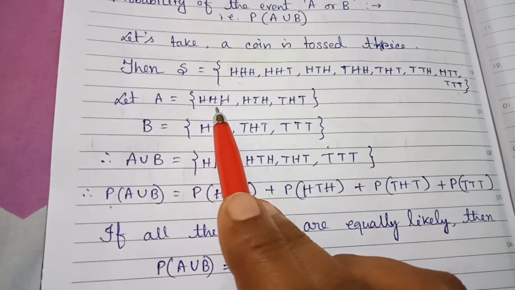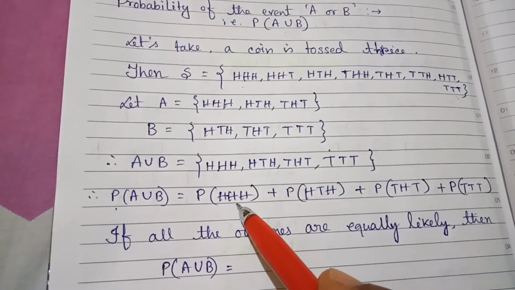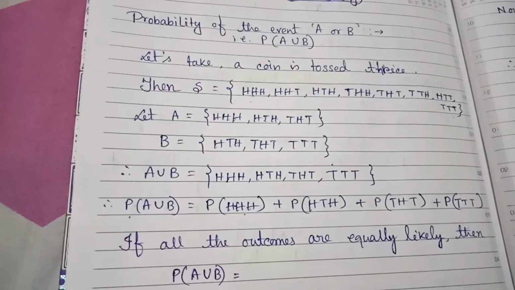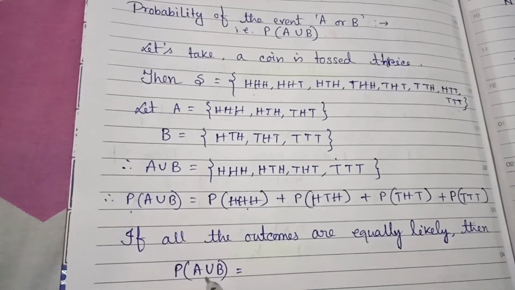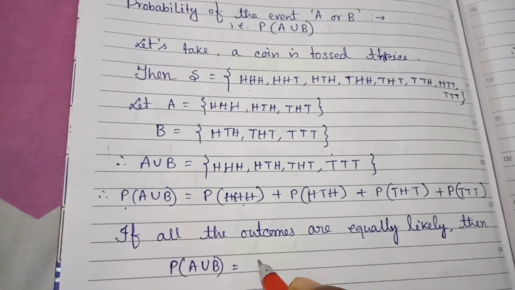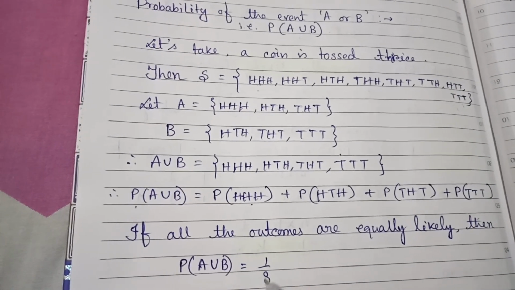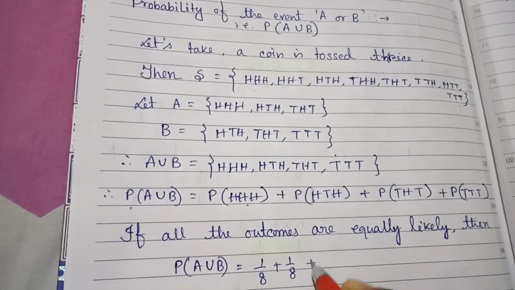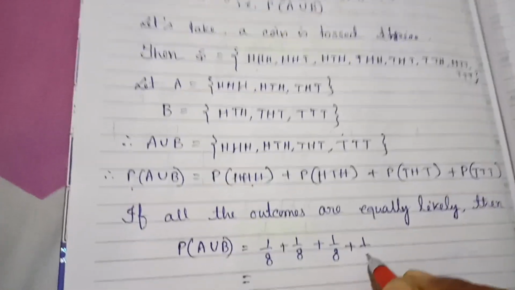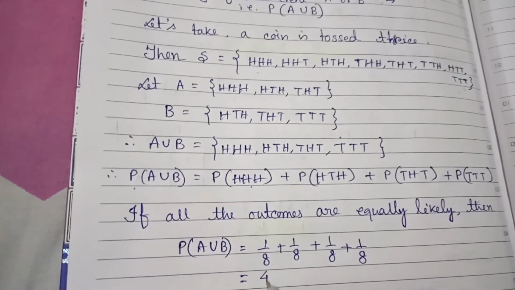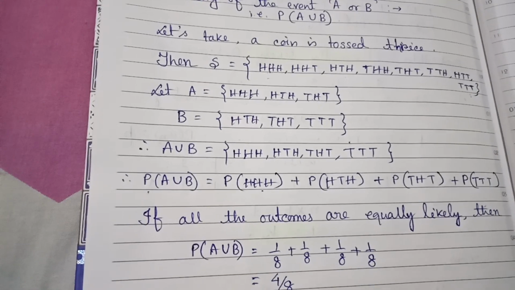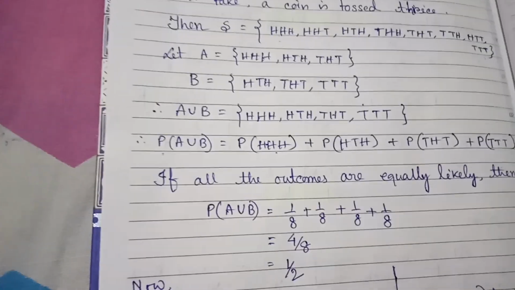So P of A union B will be 1 by 8 plus 1 by 8 plus 1 by 8 plus 1 by 8, that means 4 by 8. So it's becoming half. Okay.